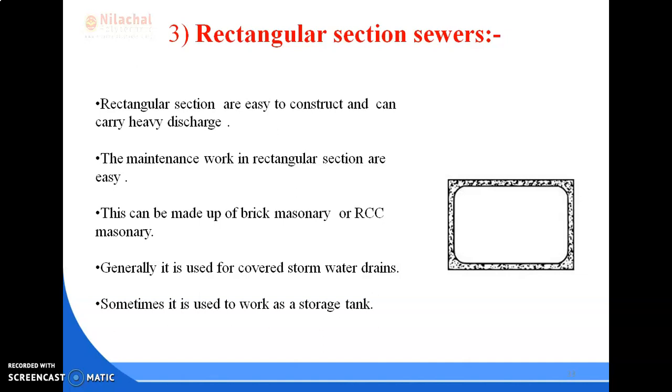This can be made of brick masonry or RCC masonry. Generally, it is used for covered stormwater drains. Sometimes it is used as a storage tank. So rectangular section sewers are also used as a storage tank whenever necessary.